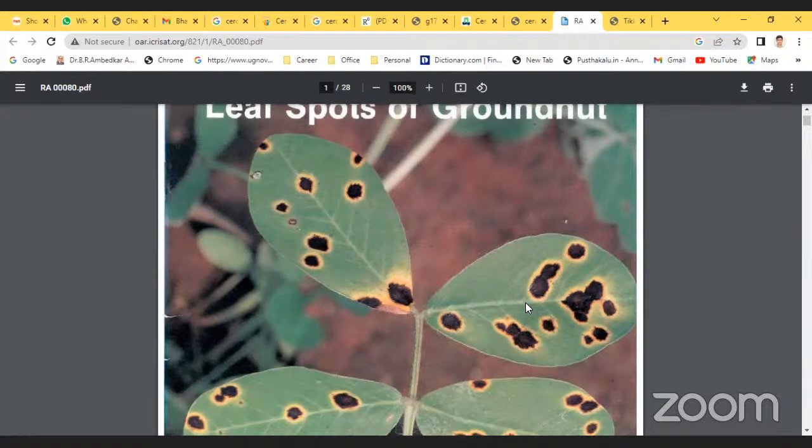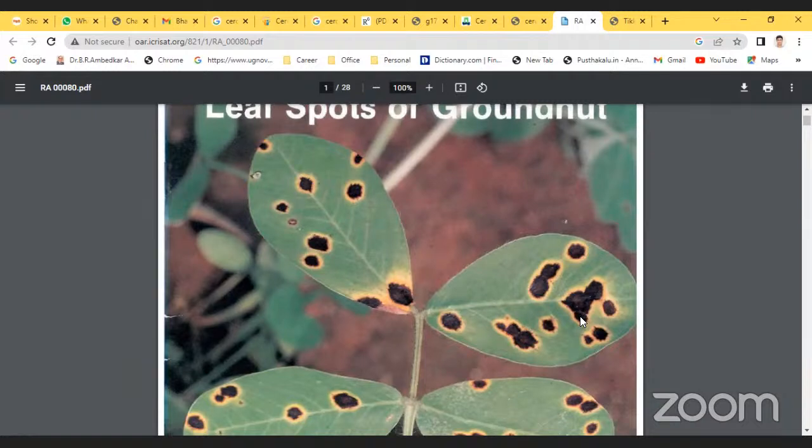The spots are surrounded by a yellow halo. Day by day the dark brown spot becomes bigger, surrounded by yellow color, the yellow halo, and later turns reddish brown to black in color. So how many colors here?